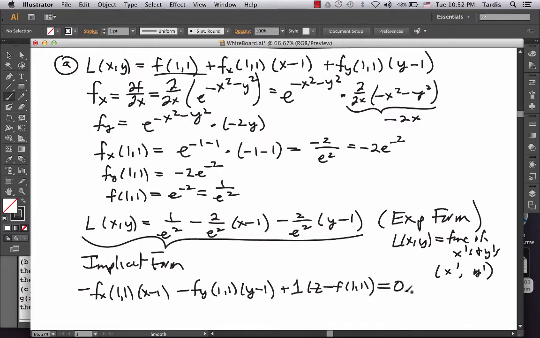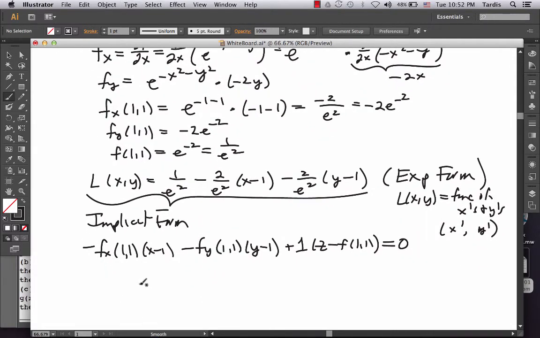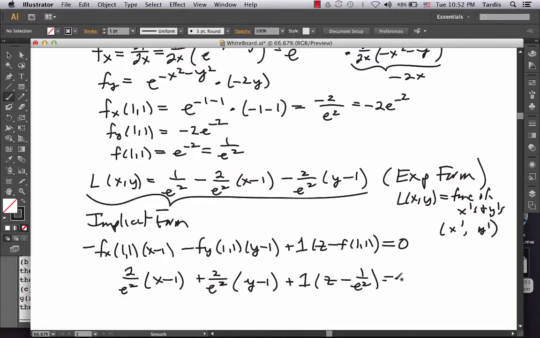And that would be set equal to 0. This is the implicit form. So the implicit form of the plane would be 2 over e squared, x minus 1, plus 2 over e squared, y minus 1, plus 1 multiplied by z minus 1 over e squared equals 0.